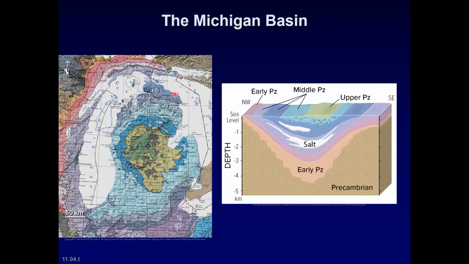We'll zoom in on the Michigan Basin. So here you have sedimentary rocks that were deposited during the early and middle Paleozoic. It shows you kind of a bullseye pattern on a geologic map because the rocks dip in towards the center of the basin. And I regret that the full Upper Peninsula is not shown here.